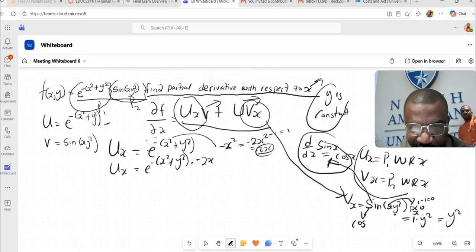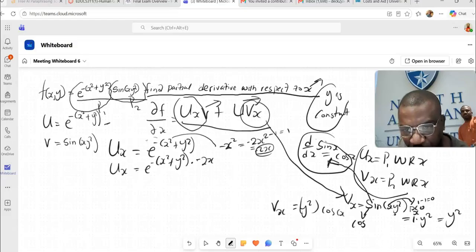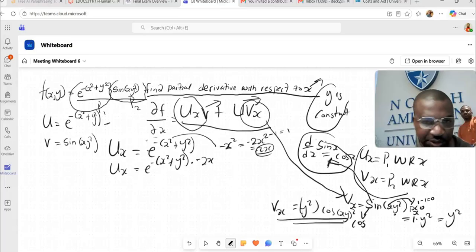In that case, our Vx, the partial derivative with respect to x in product 2, is equal to y to the power 2 cos x y to the power 2. So let's substitute all this into the formula.